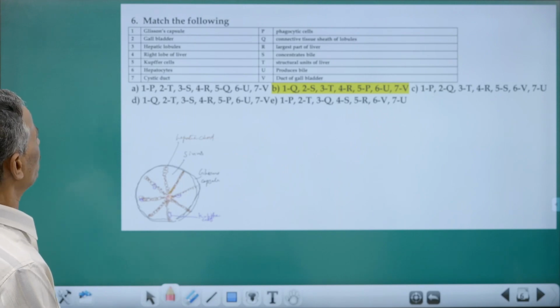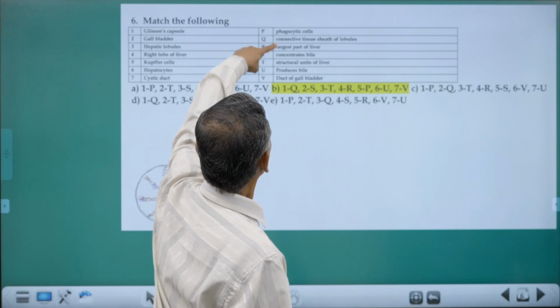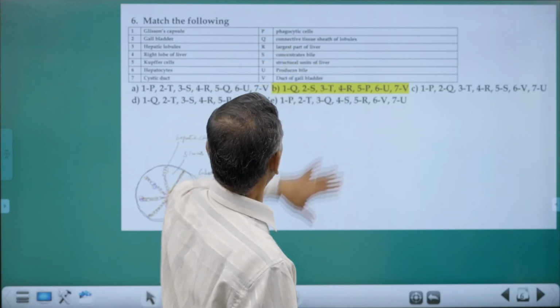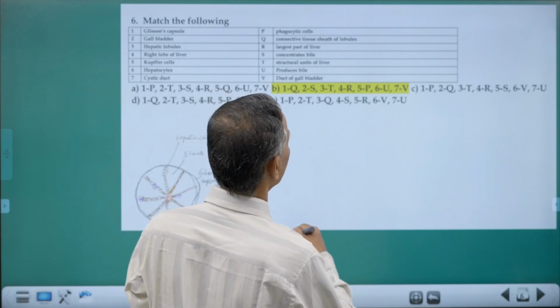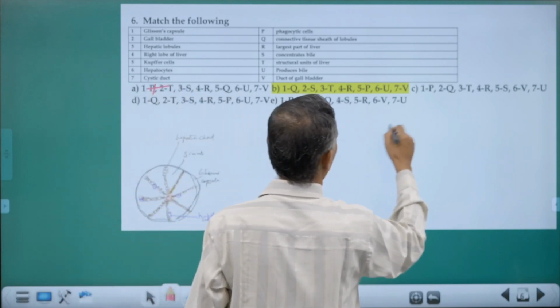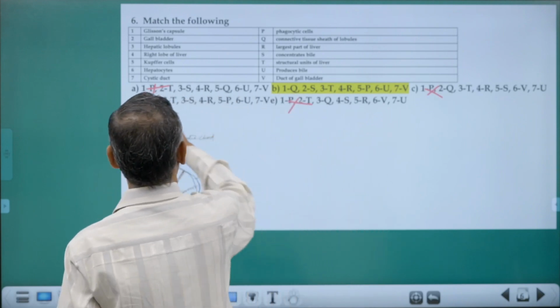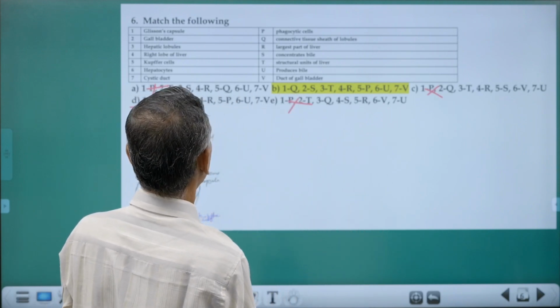So, Glisson's capsule is connected with the connective tissue sheath of the lobule. So, one is Q. Immediately you eliminated all of this. You eliminated this one, you eliminated this one, and you are having only 2 options, B and D. So, concentrate on these 2.